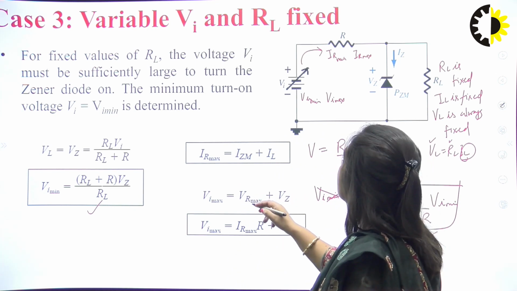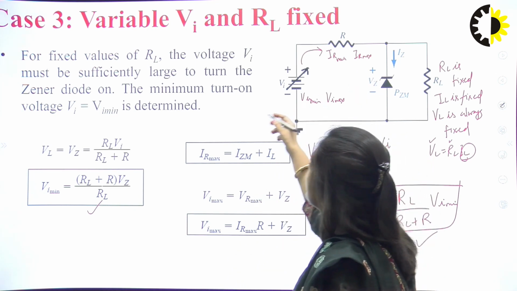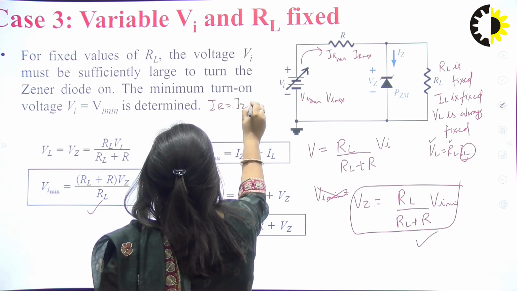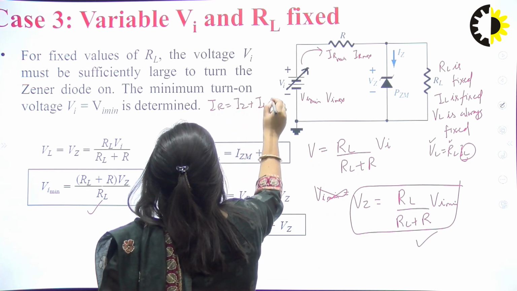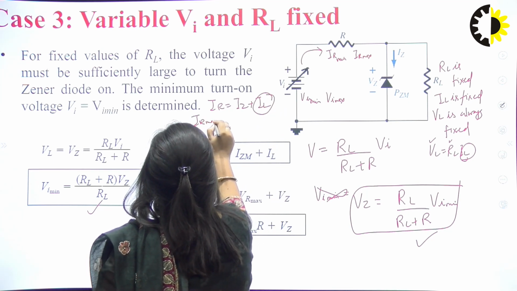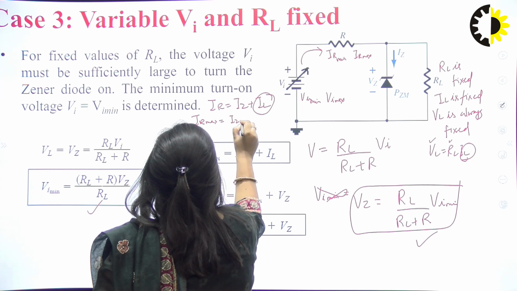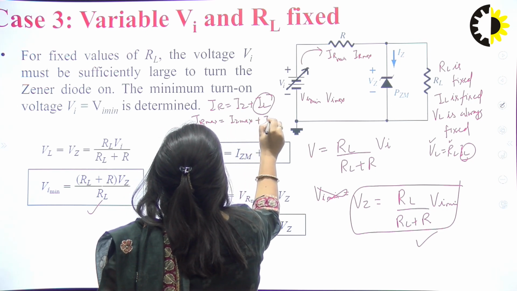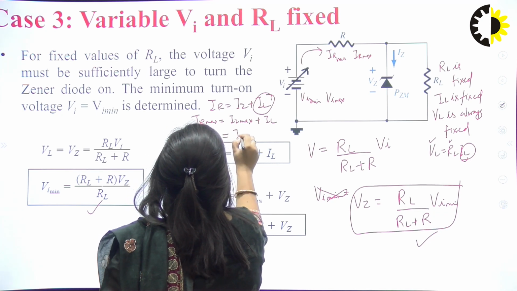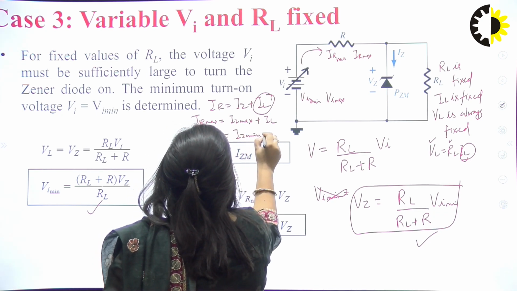Okay. After that we can find the equations. We know IR is the sum of IZ plus IL, and here IL is fixed. So if IR is maximum, in that case IZ will be maximum, and if IR is minimum, IZ will also be minimum.